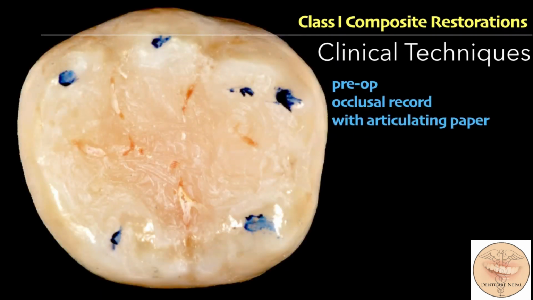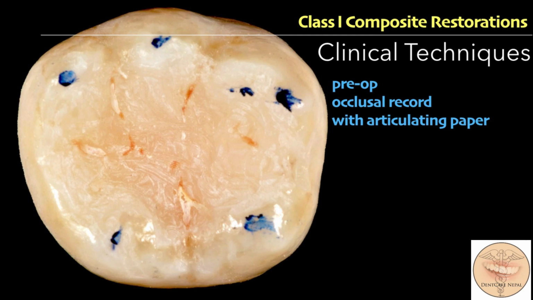Guys, as you know, before the start of the procedure, we need to record the occlusion, as the patient's occlusion has been changed by a previous dentist. So it might be difficult to maintain the natural occlusion in such cases. First of all, we have to record the occlusal spots where the patient actually masticates, and that can be done with the help of articulating paper.